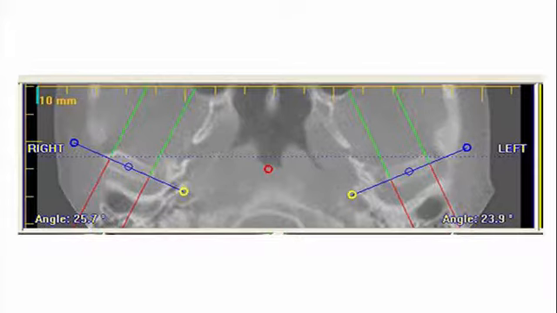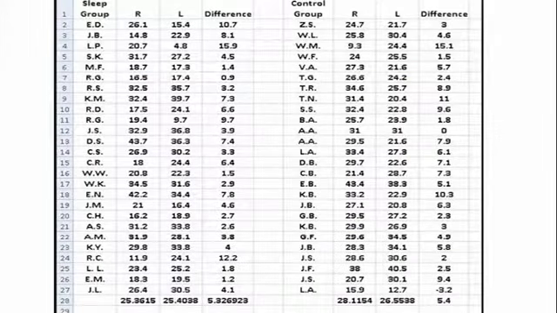So what we found was that the average condylar asymmetry, now one group, the control group, are the sleep patients and TMJ patients. The other group are the asymptomatic general dental patients who walk in the office. And what we found that there's an average of about 5.5 degrees asymmetry.